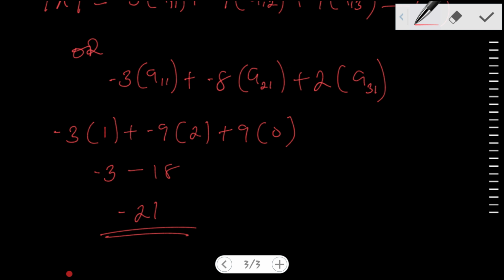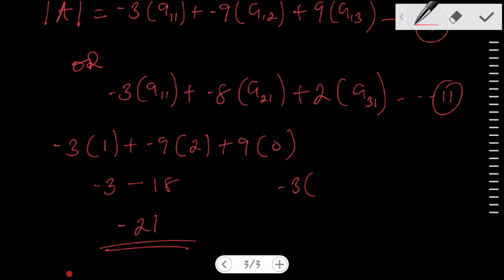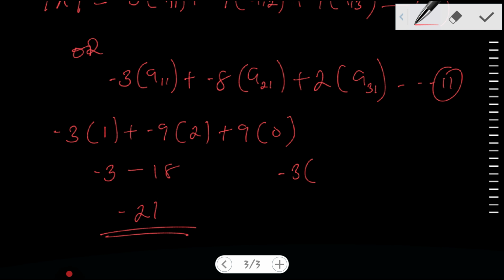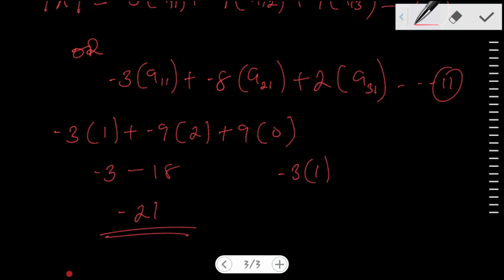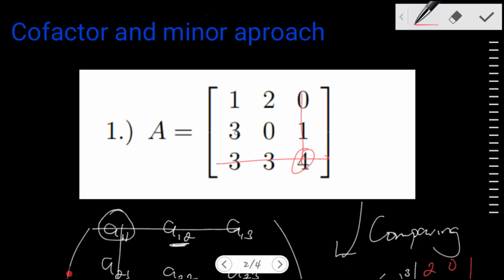Now let's try using the second one. From this I say we have -3 into A11, of which our A11 from our comparison is 1. Now minus 8 into A21, of which our A21 is 3.